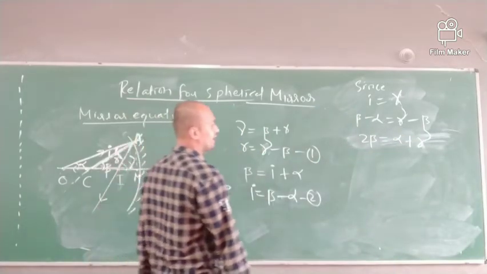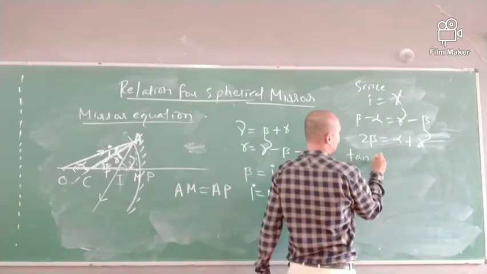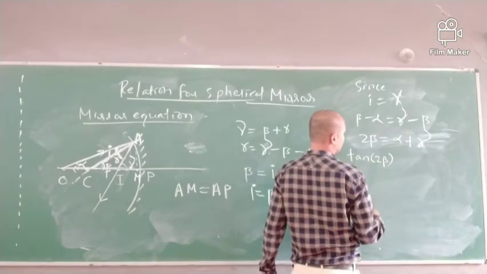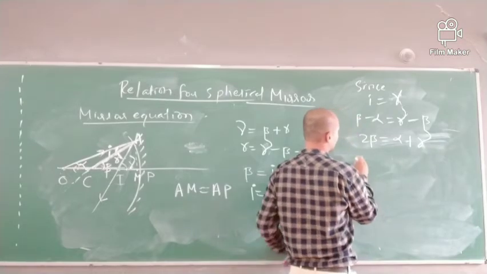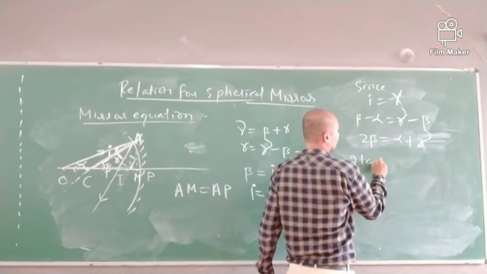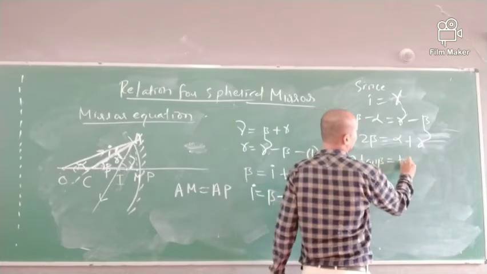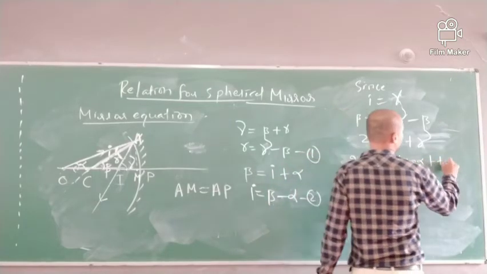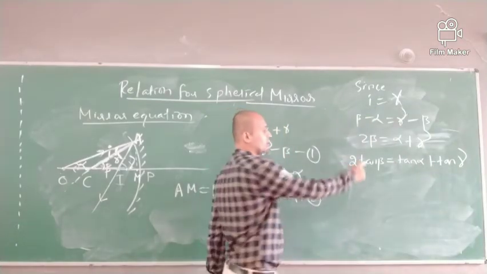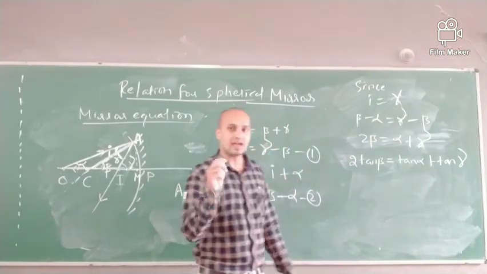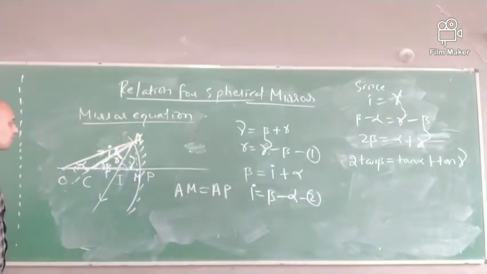Or else I can write tan 2 beta, or 2 into tan beta, will be equal to tan alpha plus tan gamma. Why am I writing like this? Because the angles are very small. That is the approximation.